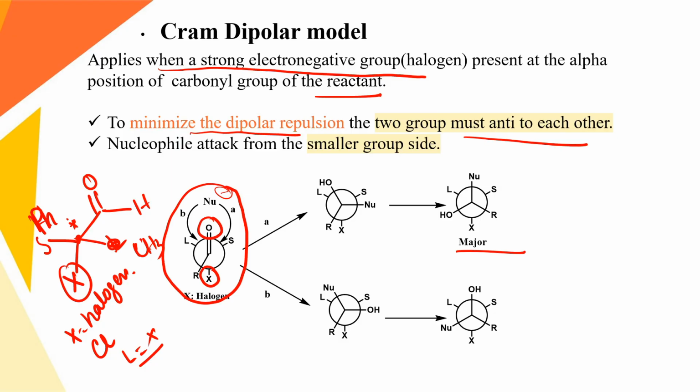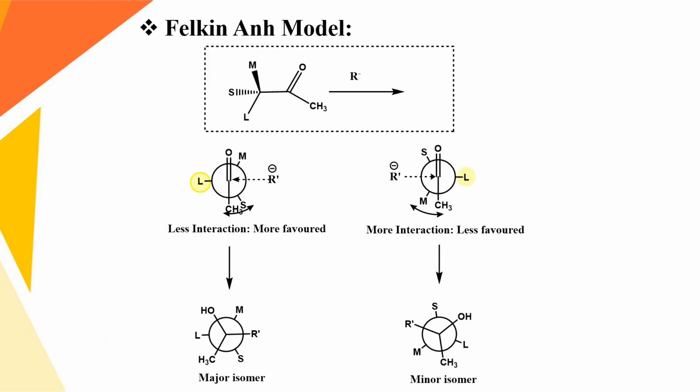Now let us talk about the Felkin Ahn model in detail. Felkin Ahn differs from the Cram model, Cram chelate model, and Cram dipolar model, because in the Felkin Ahn model, it has been proposed that in the case of a carbonyl compound, the nucleophile attacks along the Burgi-Dunitz trajectory.